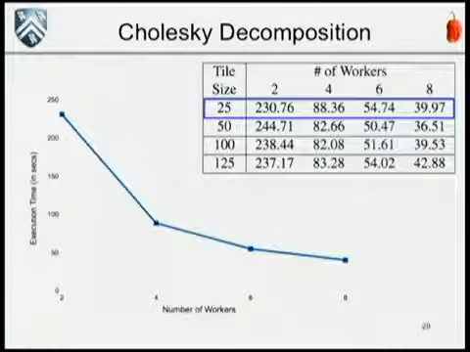And then here's what happens with Cholesky. This is not the version I presented. This version does some bit of tiling because otherwise, if you're only doing one step of computation, the overhead will dominate. So here are the results. If you use different tile sizes, all of them show similar results, and there's a nice scale down.